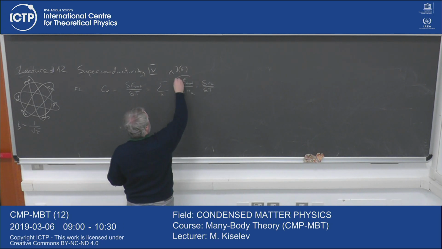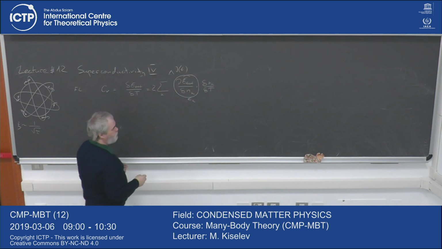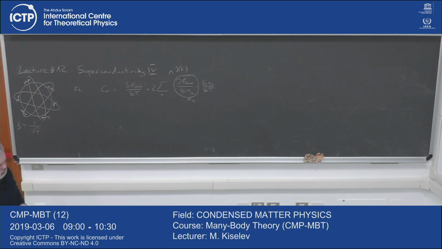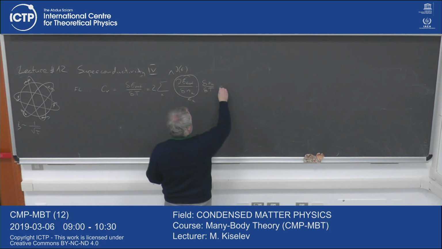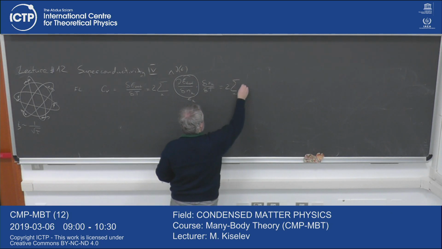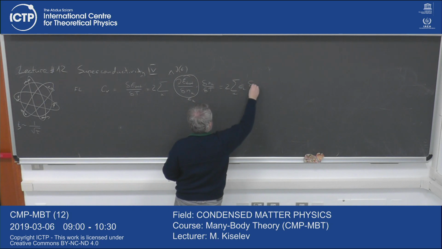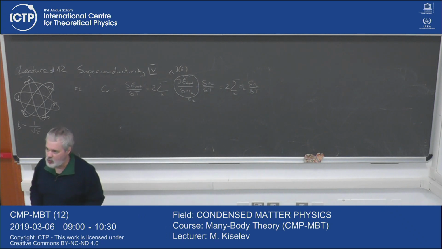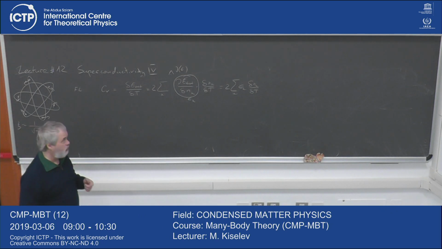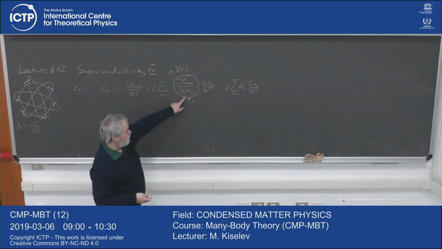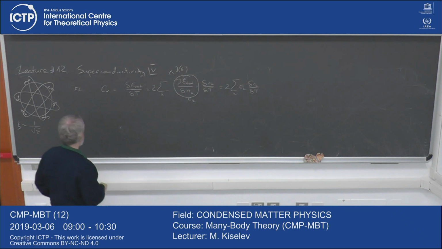This is our epsilon k. Well, I should put a factor of 2 because of the summation over spin, and I assume that there is no magnetic field at this very moment. So I would write 2 sum over k epsilon k delta nk over delta temperature. With the very same approach as we discussed on Monday, dE total over dnk, this is our square root.